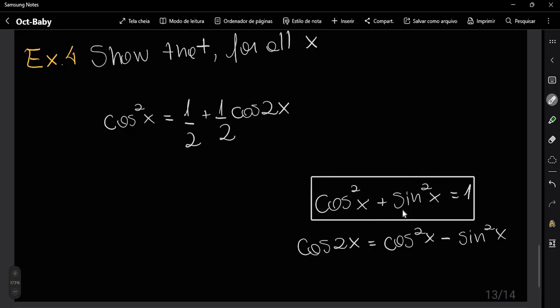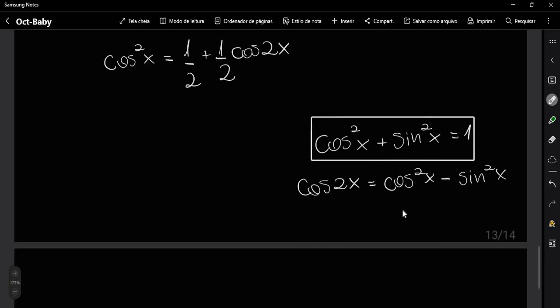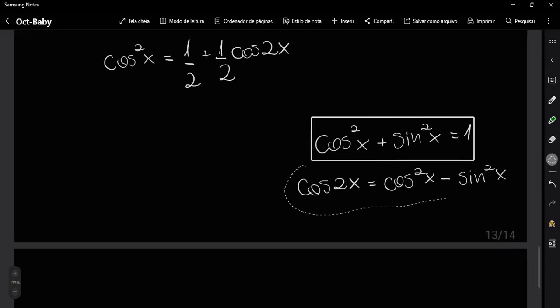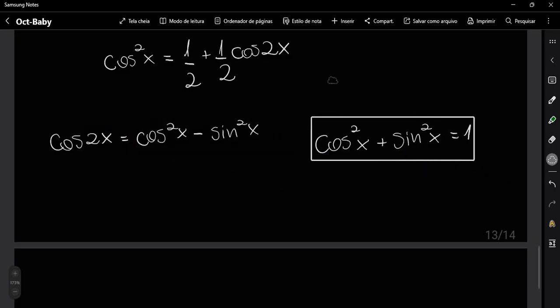Okay, so we got these properties, and let's work first with this one. So cosine of 2x, because this way we can isolate this second part of the solution.